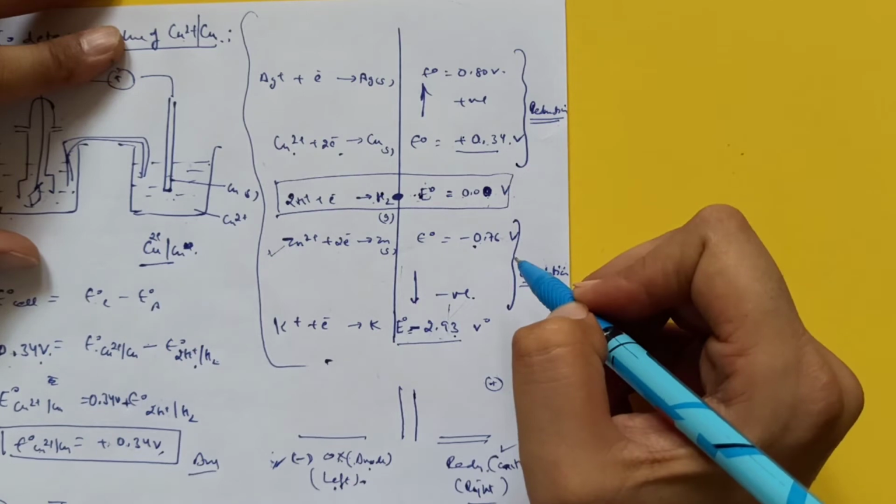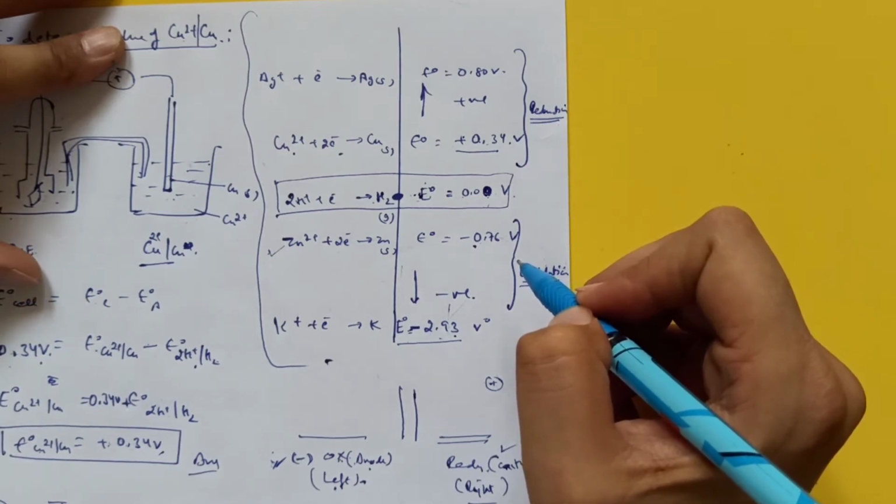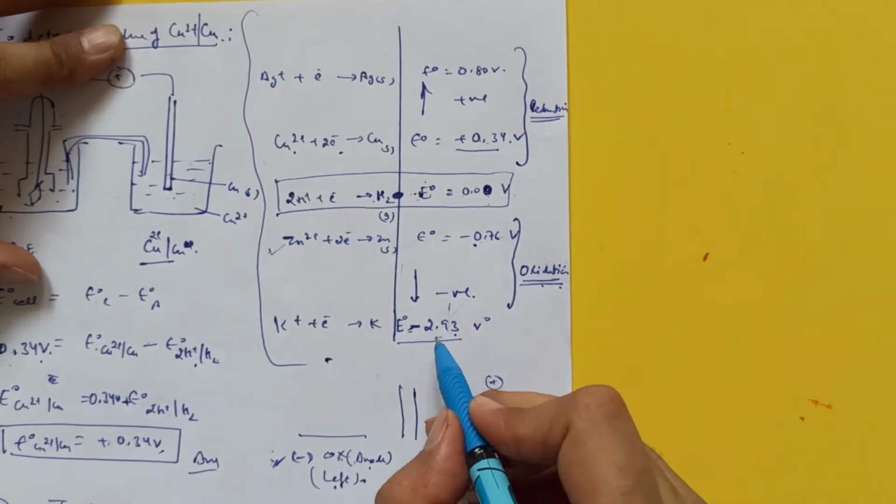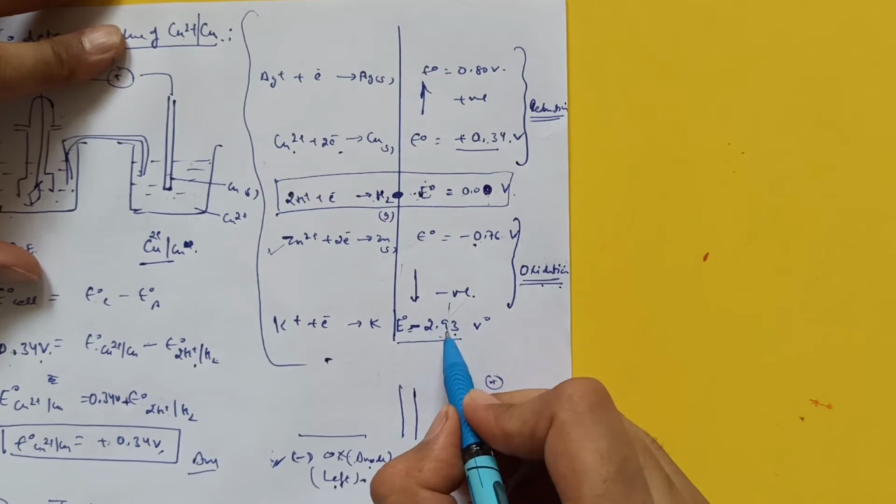And it is a thumb rule of the electrochemical series that the greater the negative E0 value, the greater is the reducing power of that metal electrode. It means it will undergo oxidation.